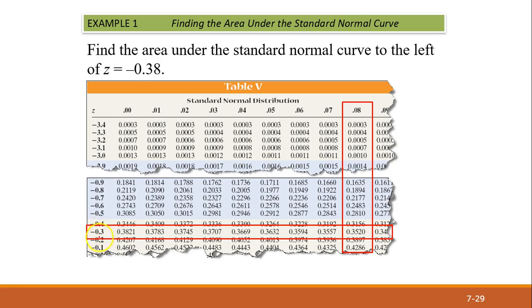We go down the columns and find negative 0.3, and then find the column that has 0.08 in it. Where those meet, we have the area under the standard normal curve that is to the left of negative 0.38.